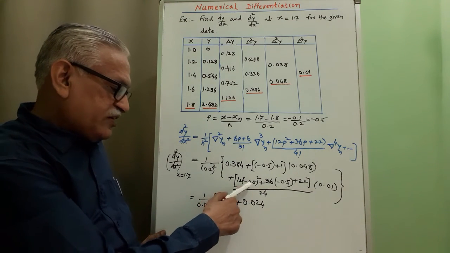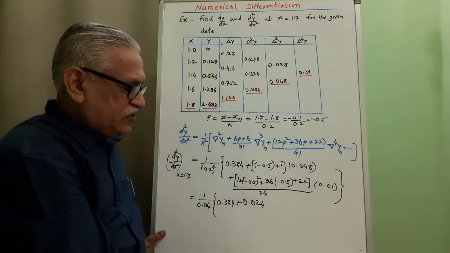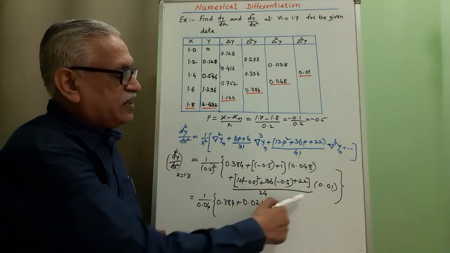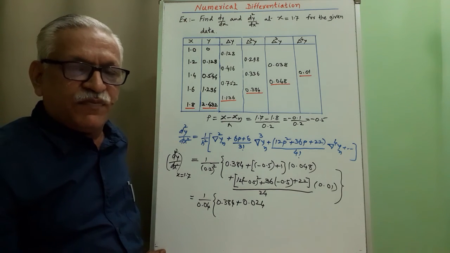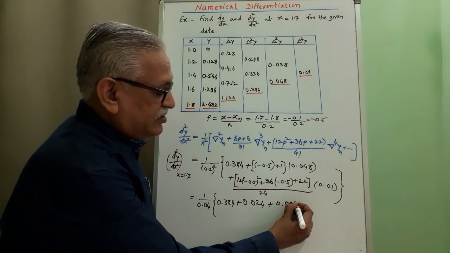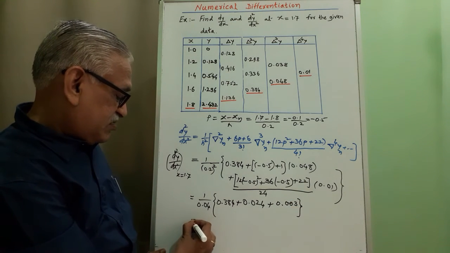Next, 12 into minus 0.5 square plus 36 into minus 0.5 plus 22 divided by 24 and multiplied by 0.01, that is 0.003.